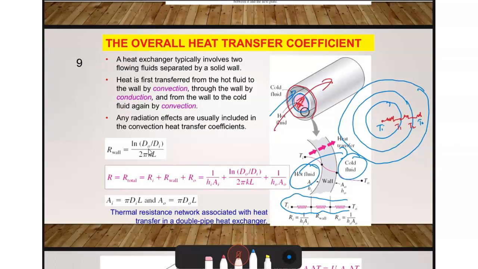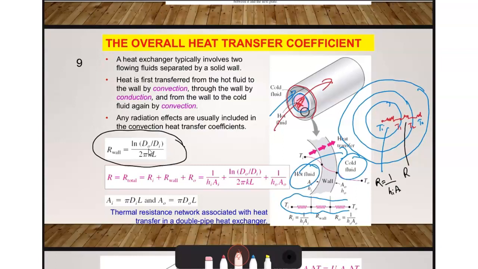Because this one is convection, R equals 1 over hi Ai. Then the middle one is the wall, which is conduction, and because this is a cylinder, R wall is equal to ln of dO over dI over 2 pi kL.